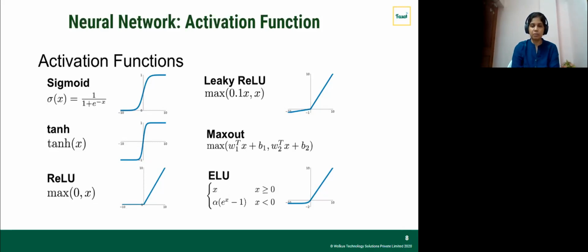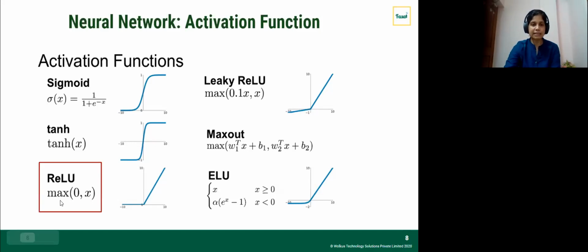What I mean by a neuron being activated is that the information this neuron has will be passed on to the next layer. There are many types of activation functions. I'm showing 6 here, but I think there are 8. Sigmoid was one of the oldest activation functions, used for a long time.